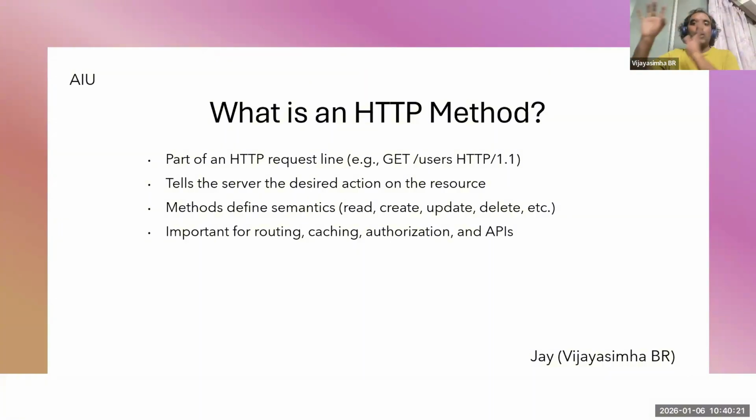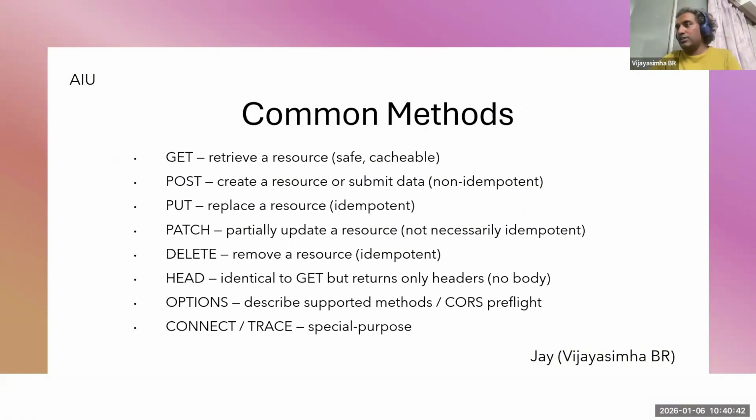For each of them, there is a corresponding HTTP method. The HTTP protocol also takes care of things like routing, caching, authorization, and of course what we are really trying to build today, which is web APIs. All these things come under the purview of an HTTP method. So these are the common methods here.